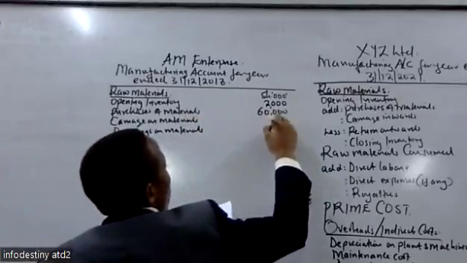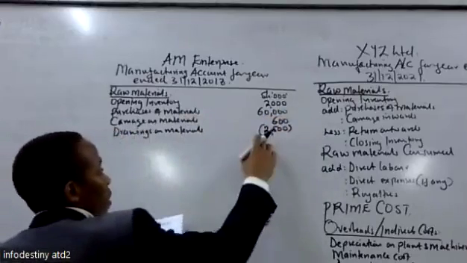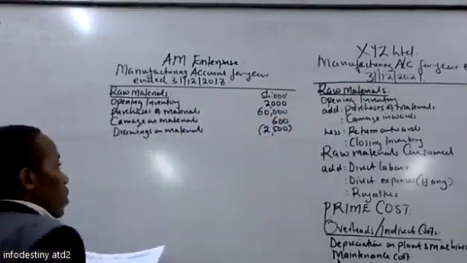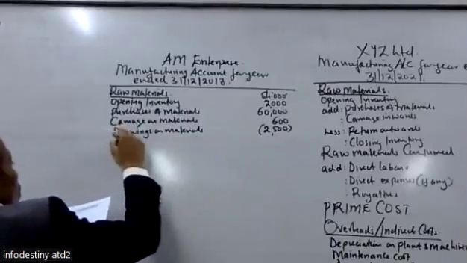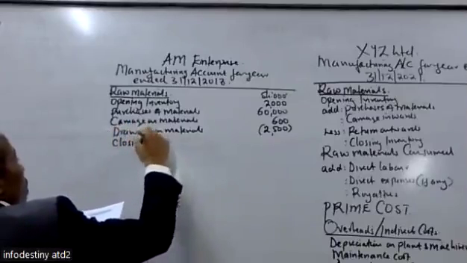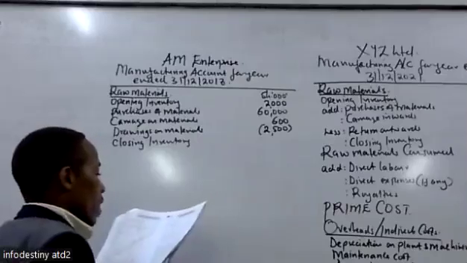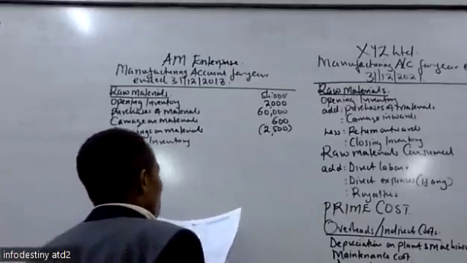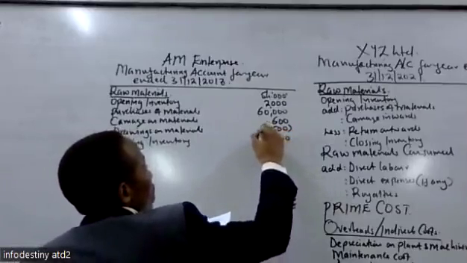We withdrew, you took 2,500 for personal use. And also we less the closing inventory of raw materials, which is given in information 4. In information 4, that is 500.